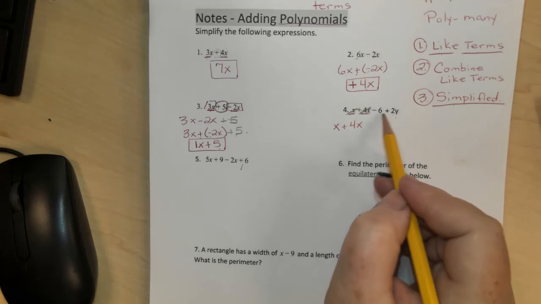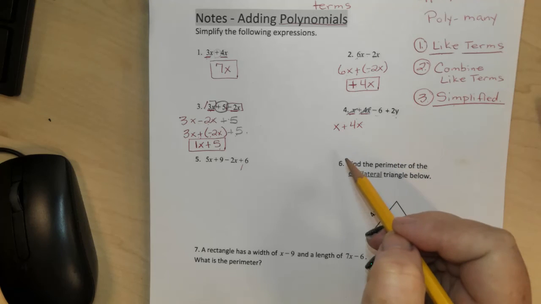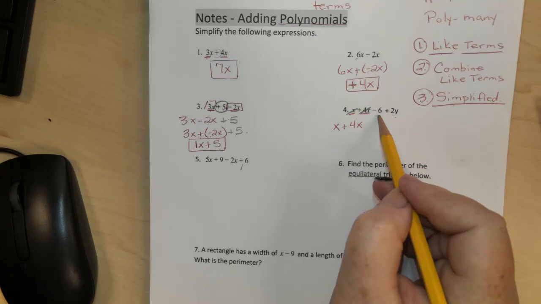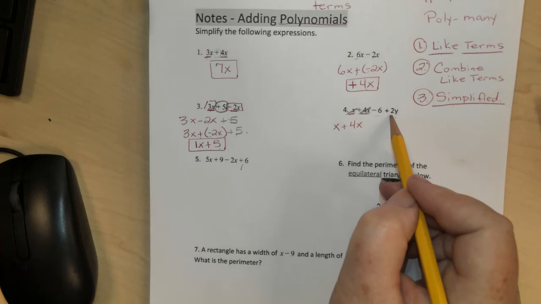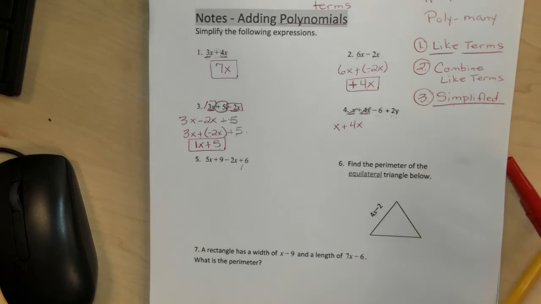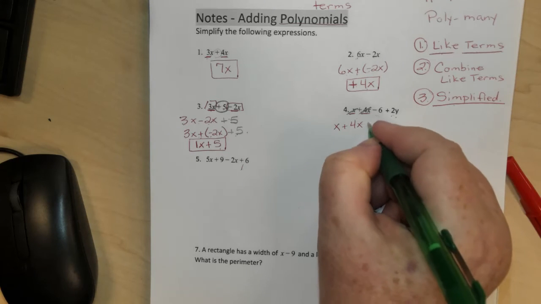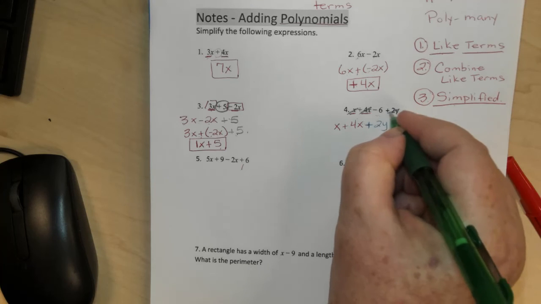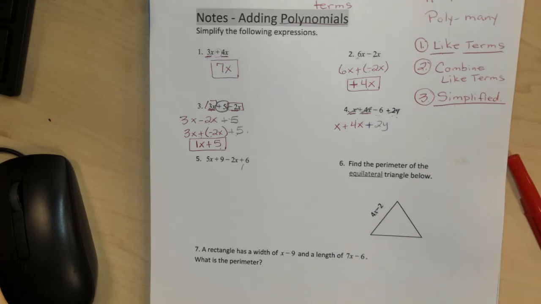Do you think these two are like terms? No, they're not. Why? Because this doesn't have a variable on it. This is just a constant term. This has a y on it. And then minus 6.